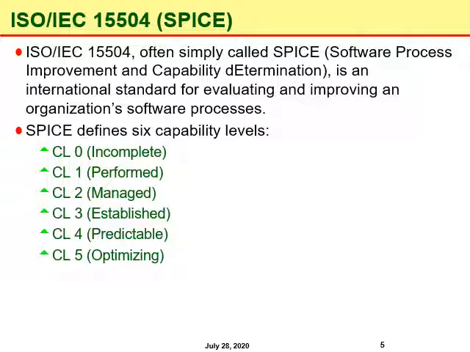Then CL3, established. At CL3, the process is implemented using a defined process that is capable of achieving its process outcomes. Then CL4, which is predictable. At CL4, the process should be measurable and controlled.